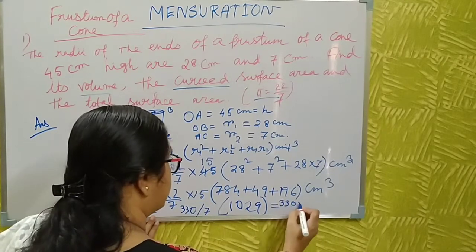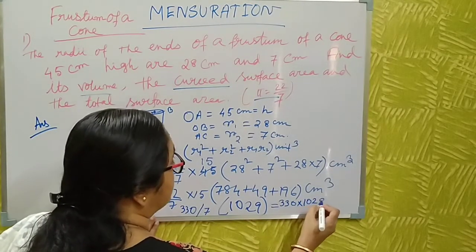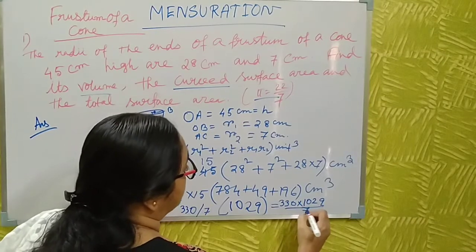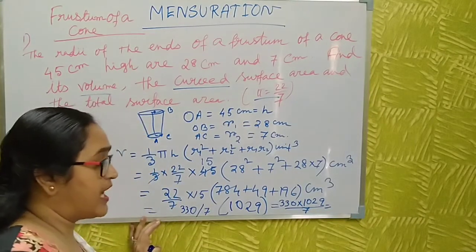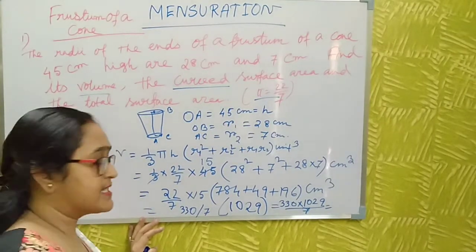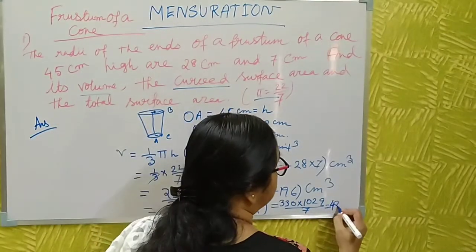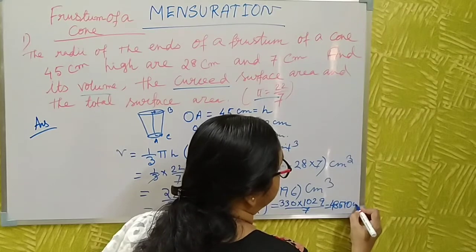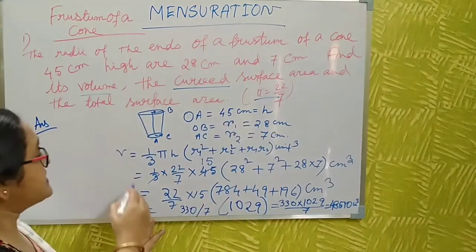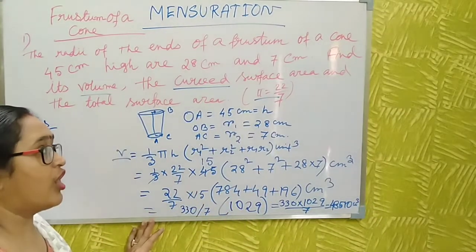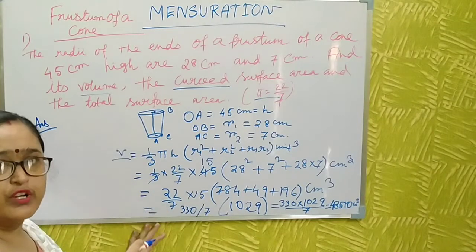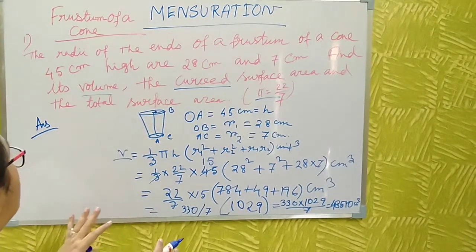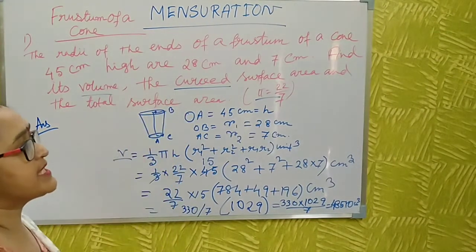You do the multiplication in rough, I also do it in rough, and you get the result: 18510 centimeter cube. This is the volume of the frustum of a cone.